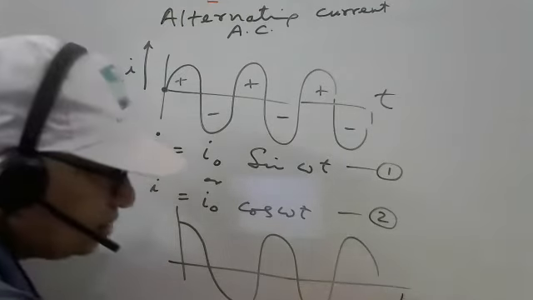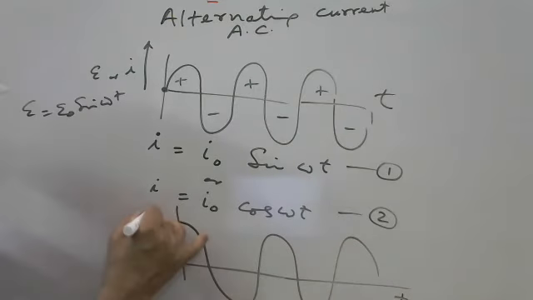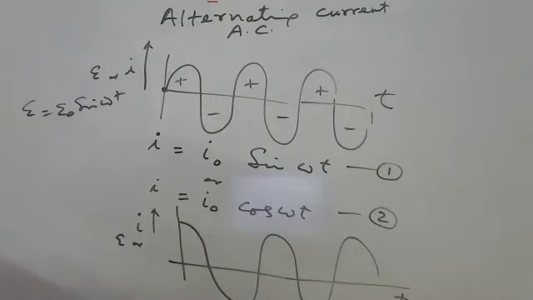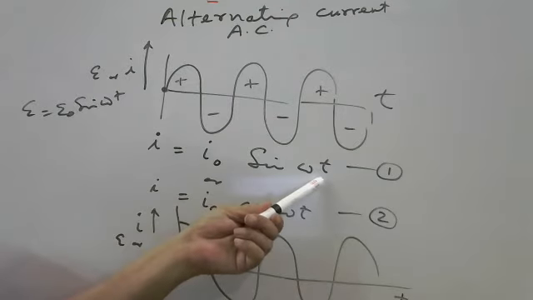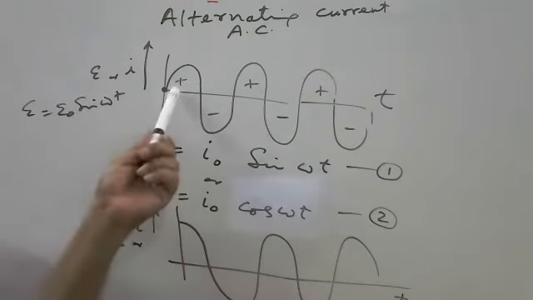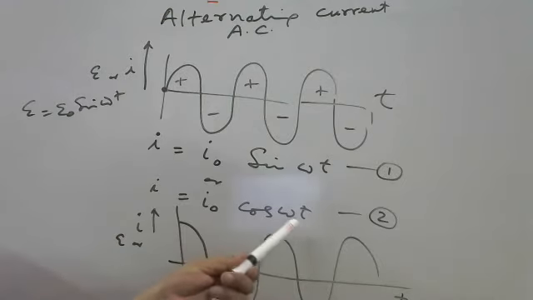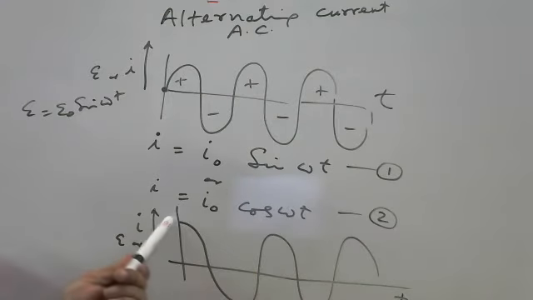So from the start only we can say whether it is cos function or sine function. After some time we are getting the same thing. So if t is equal to 0, sine 0 is 0, and t is equal to 0, cos 0 is maximum, 1.